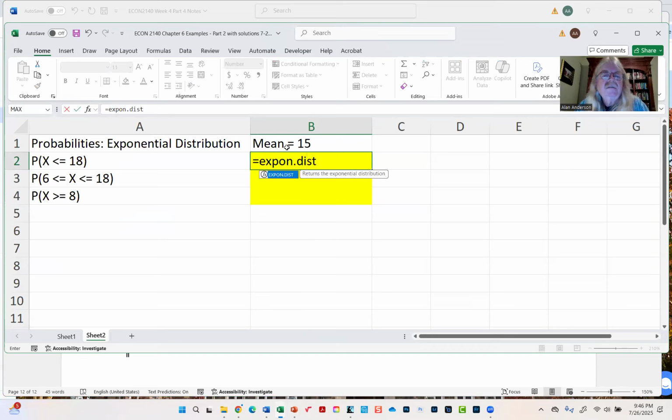So it's EXPON.DIST. X is the 18. Oh, now here's where we have to watch it. It's like there's always something. It turns out that Excel's function is a little different. They have a value in here called lambda, which is 1 over mu.